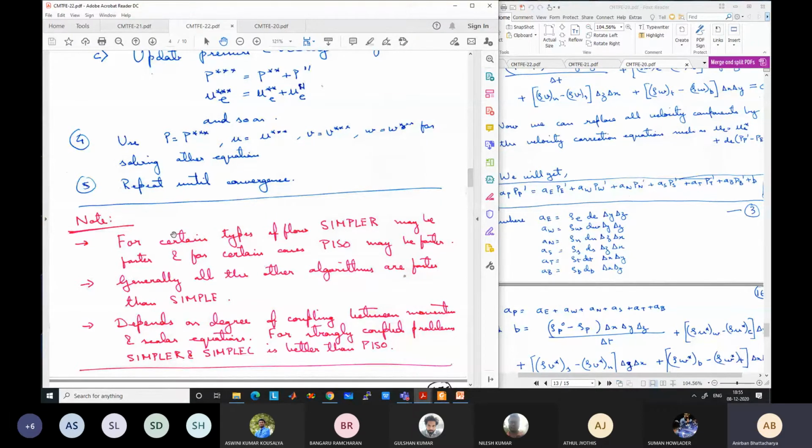But if the variation is very strong with pressure and density, like what happens at high speed flows, near transonic or supersonic flows, then those types of things cannot be captured. Convergence is almost impossible in this type of algorithm, or shocks cannot be captured in this type of algorithm. Otherwise, if there is small dependence of pressure and density, then it can be captured by any of these. So for compressible flows, you have to go to other algorithms.